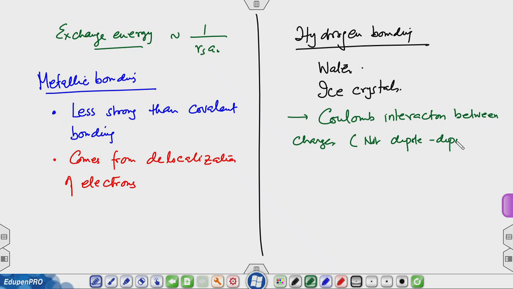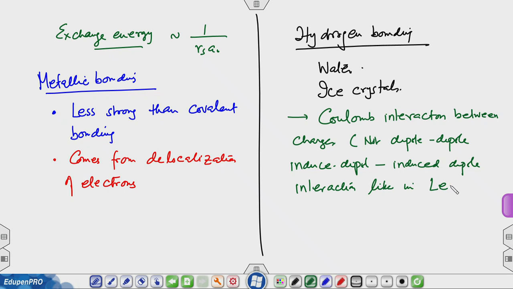And this is not dipole or induced dipole interaction like in Lennard-Jones. It's not that.